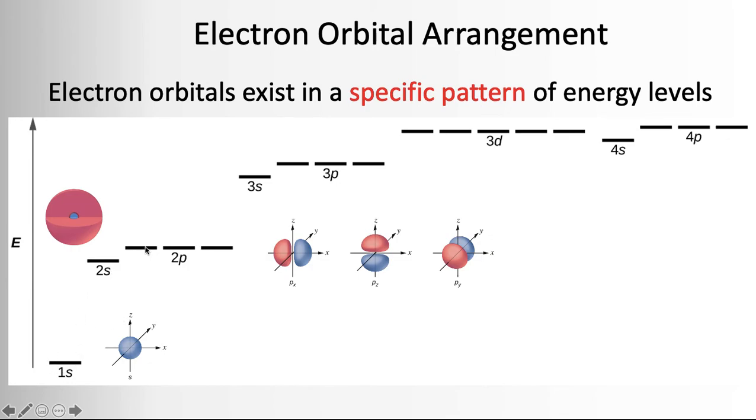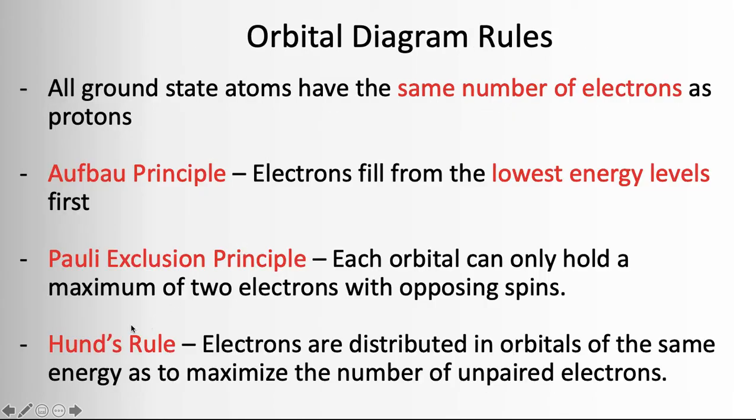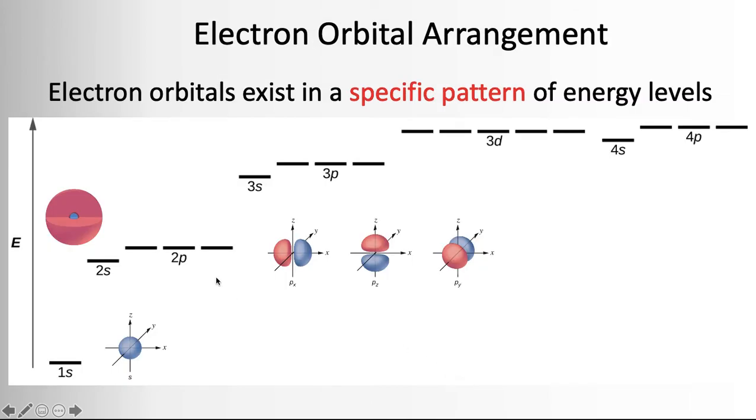And lastly, Hund's rule tells me that if I have orbitals that have the same energy, I distribute the electrons in such a way as to maximize the number of unpaired electrons. So if I am placing electrons in the p orbitals here, all of these have the same energy level. If I have, let's say, two extra electrons to fit over here, I cannot put an electron pointing up and one pointing down and leave these two empty.